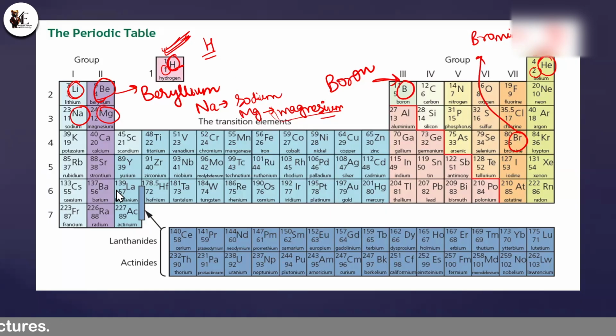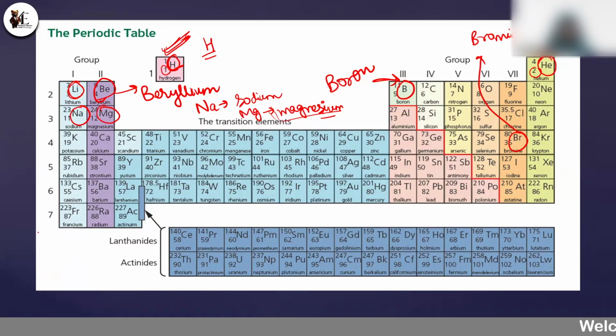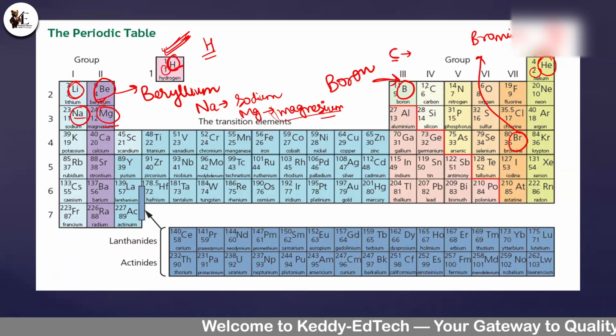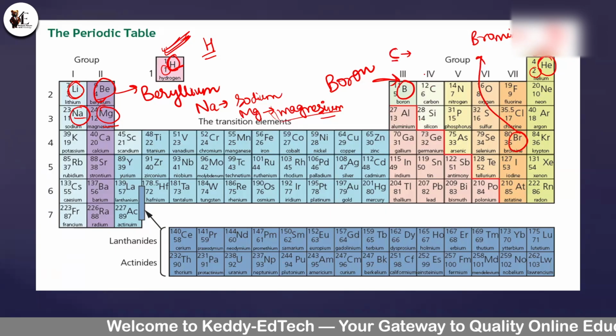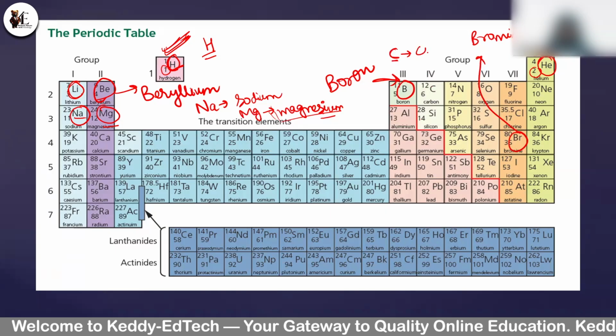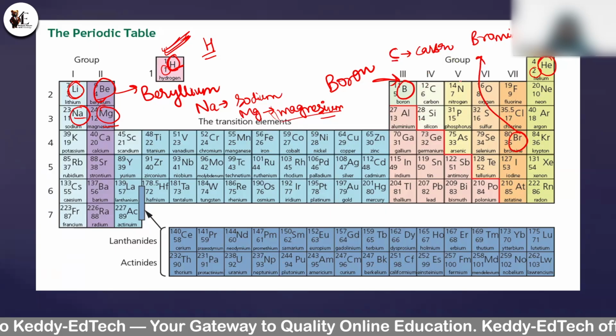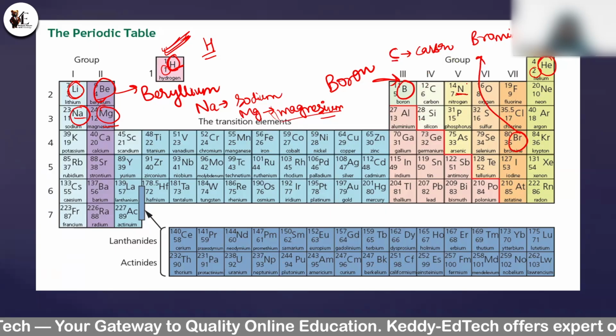Coming back to our topic, we are learning the periodic table. So lithium, beryllium, sodium, and magnesium. Now, what is C? C is carbon. Very good. What is N?